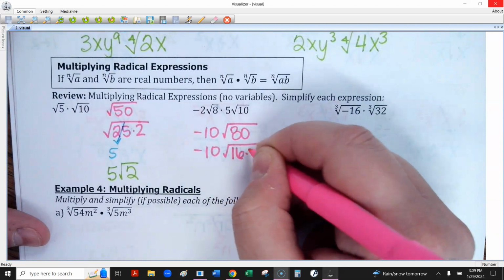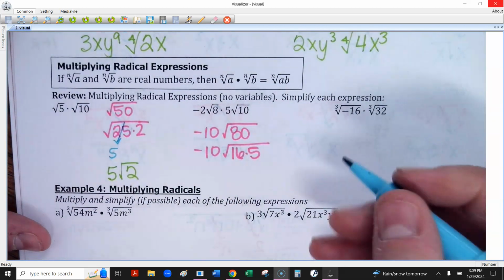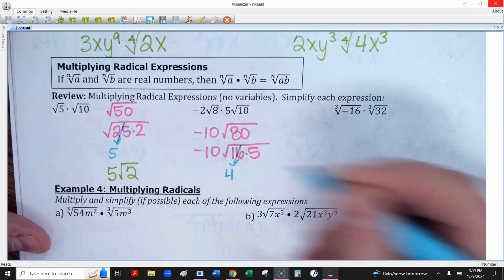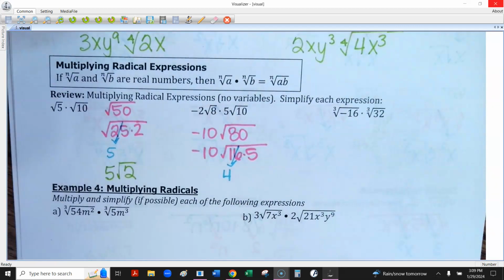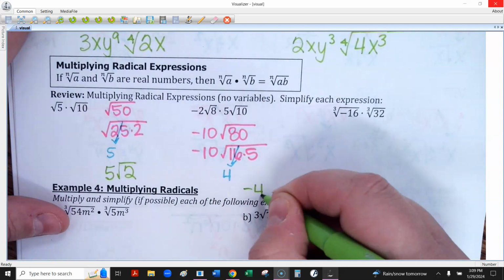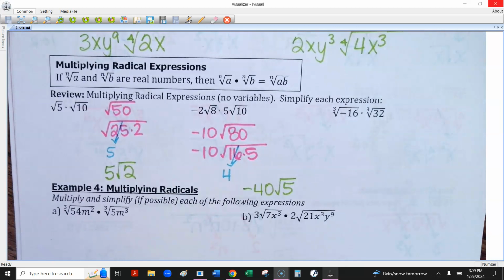So it's 16 times 5. And if you pull something out, like I'm going to take the square root of 16, that's 4, and something already exists out here, I have this negative 10, you're just going to multiply them together. So negative 10 times 4 would be negative 40, and then we have the 5 left under the square root for that one.